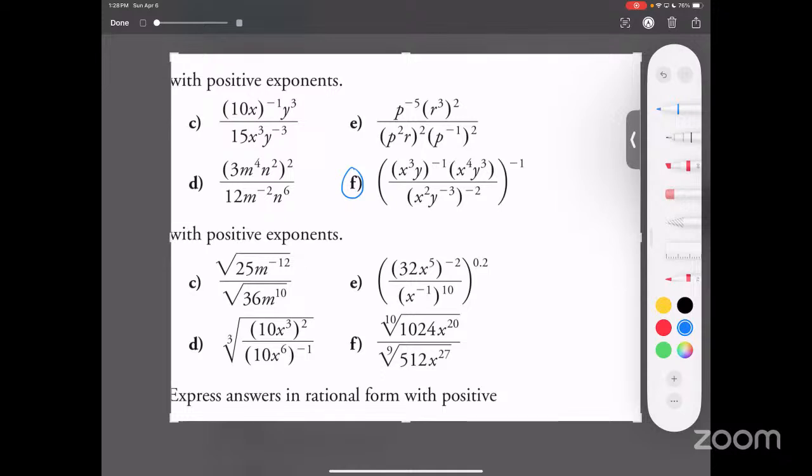All right, let's see. How would you guys do that? Copy down that first carefully. There's so many brackets here.